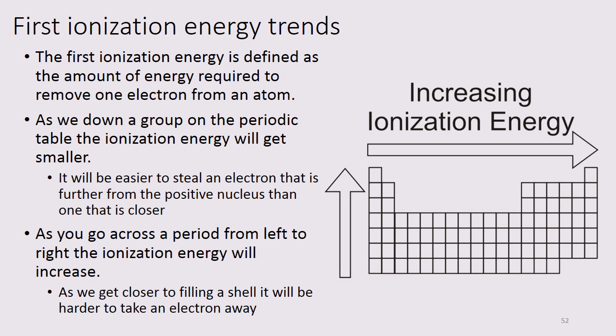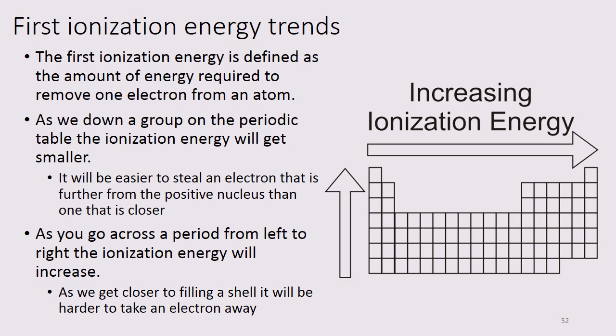If it's low energy in order to remove an electron, that would mean it's pretty easy to do. So notice that the periodic trend, if you go from left to right, you increase ionization energy. As you add more electrons to the outer shell, it's going to be harder and harder to pull electrons away. So as you go across from left to right, ionization energy will increase. It's harder to pull electrons away.